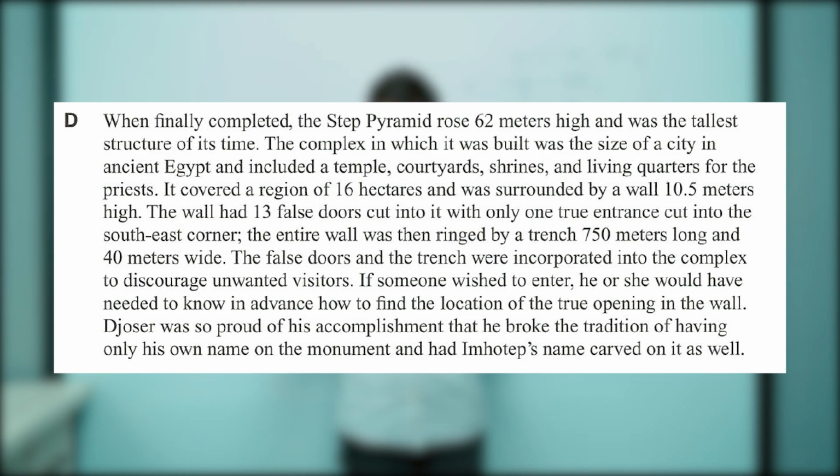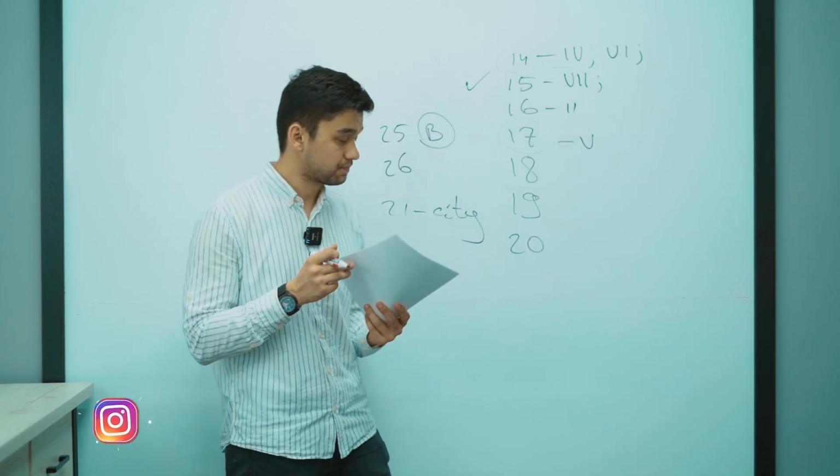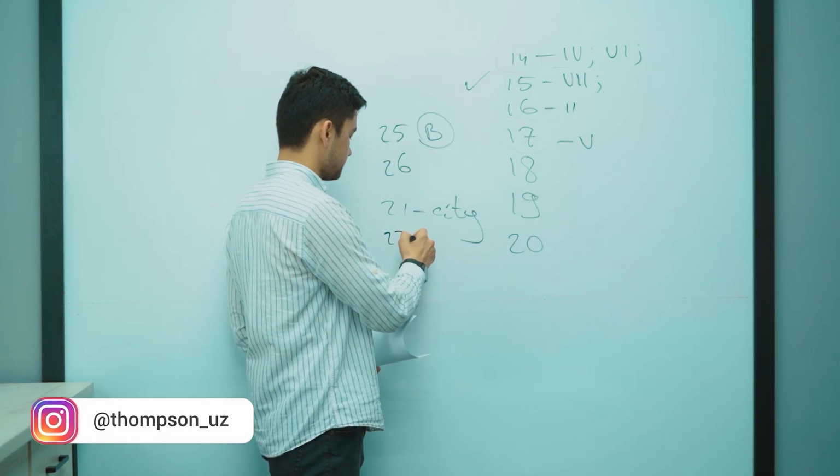Exactly. So living quarters is accommodation, living quarters for the priests. So the answer is priests. Even if you don't know the meaning of priest, a lot of people may not know it, you can understand that the answer is priest here. So 22nd.